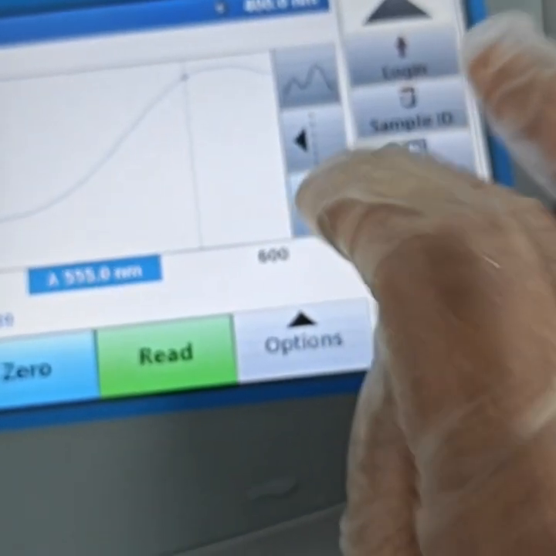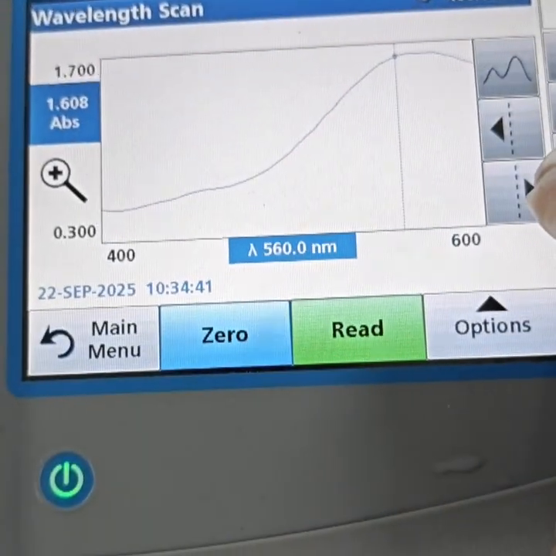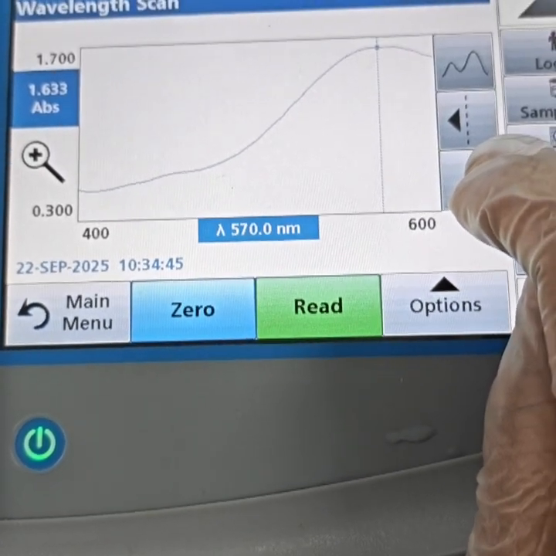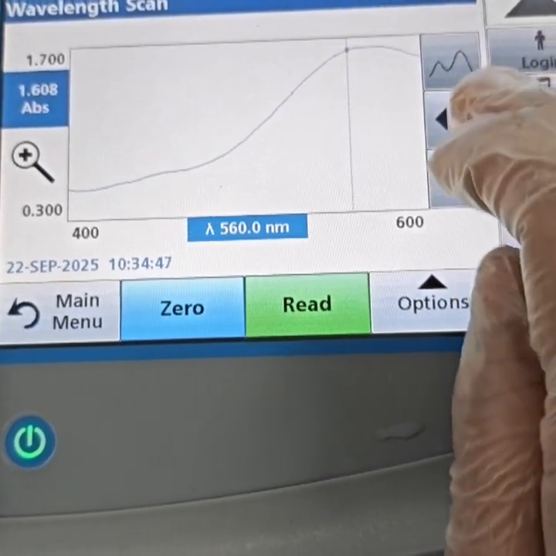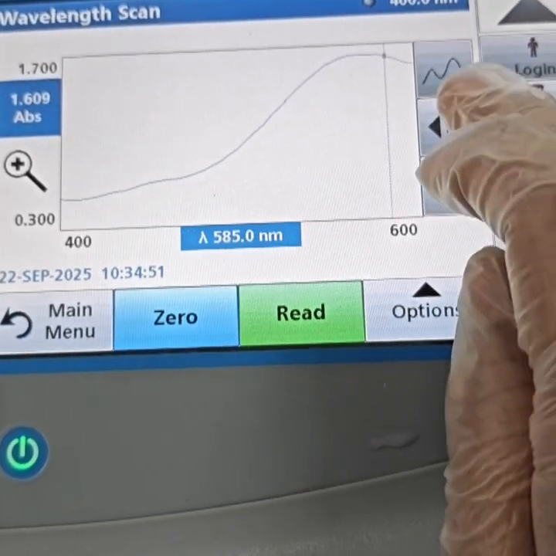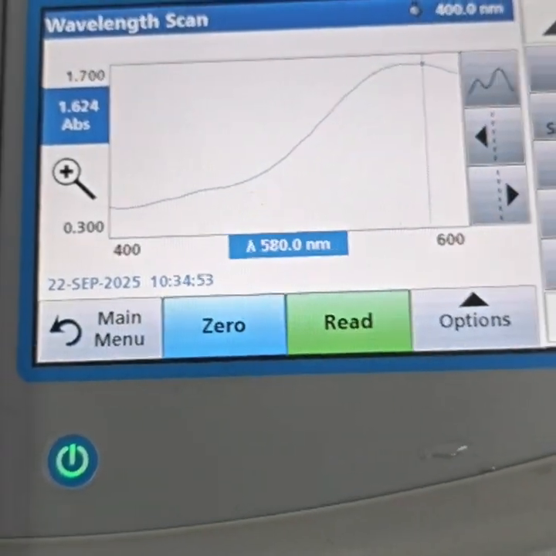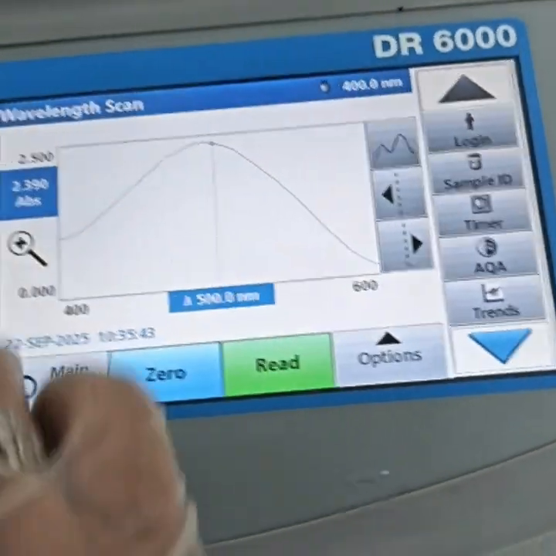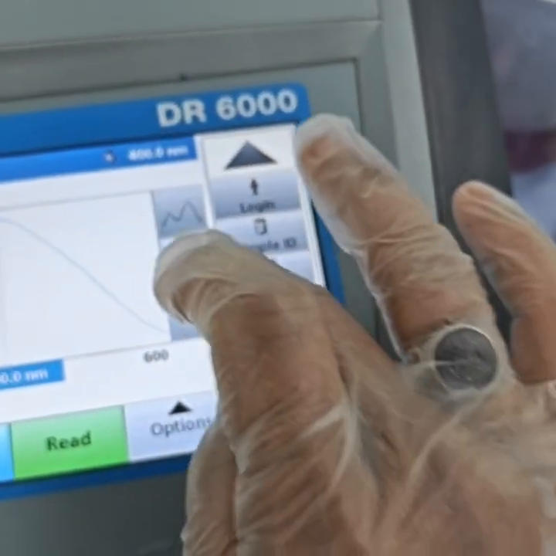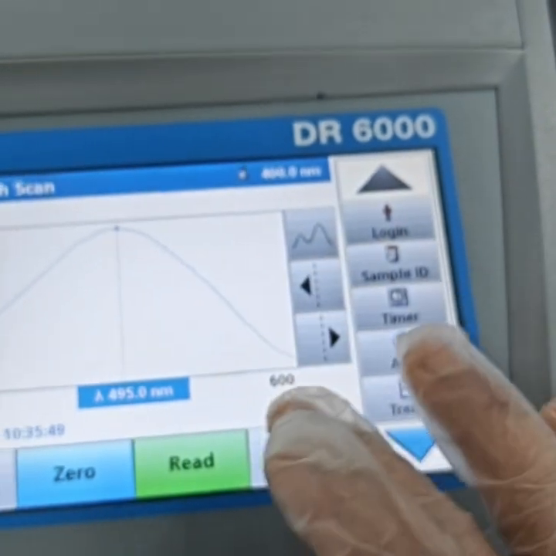For the Congo red dye, the lambda max is around 580 nanometers. This is the Congo red dye to which we have added a high amount of base.